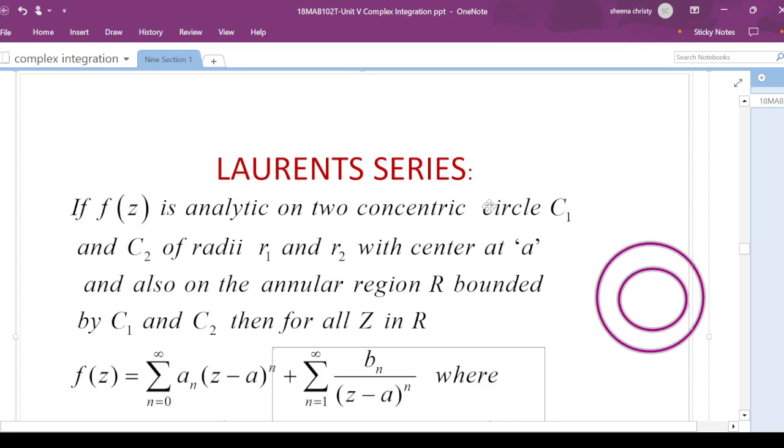Okay, let us consider the concentric circle with center A. Let us take the center as A and the radius of this circle be R1. The circle C1 is evaluated in the anti-clockwise direction, and circle C2, which has radius R2, is also counted in the anti-clockwise direction. The function f of z is defined in this annular part.